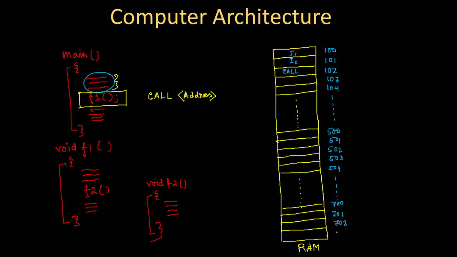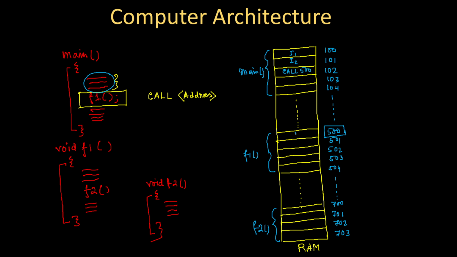I'm just arbitrarily writing some memory location addresses in decimal form, just for the time being. I've drawn it this way because I'm assuming the main function is present over here. This part contains the function f1, and this part contains the function f2. So f1 started at address 500. That's why here I will write call 500.